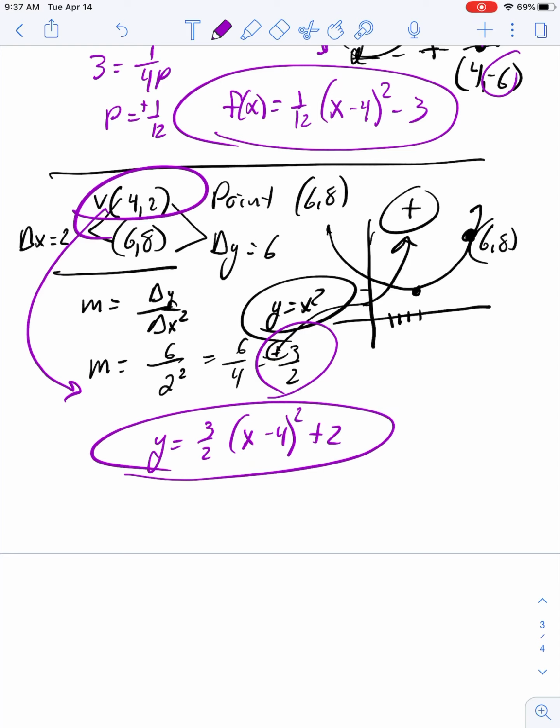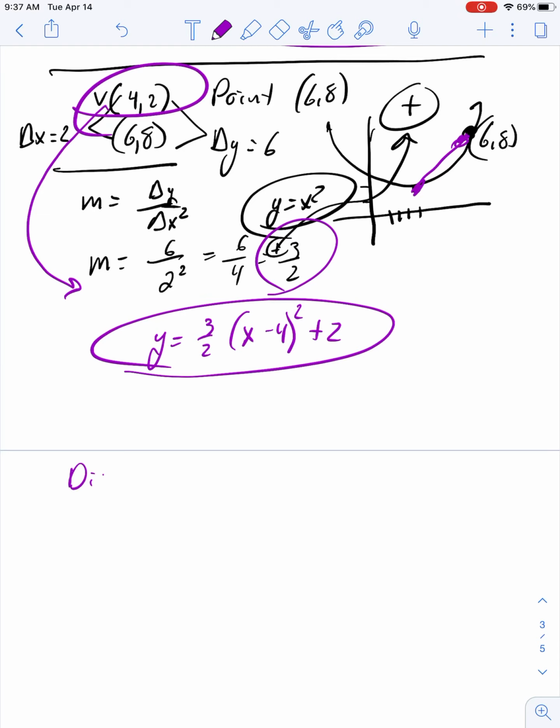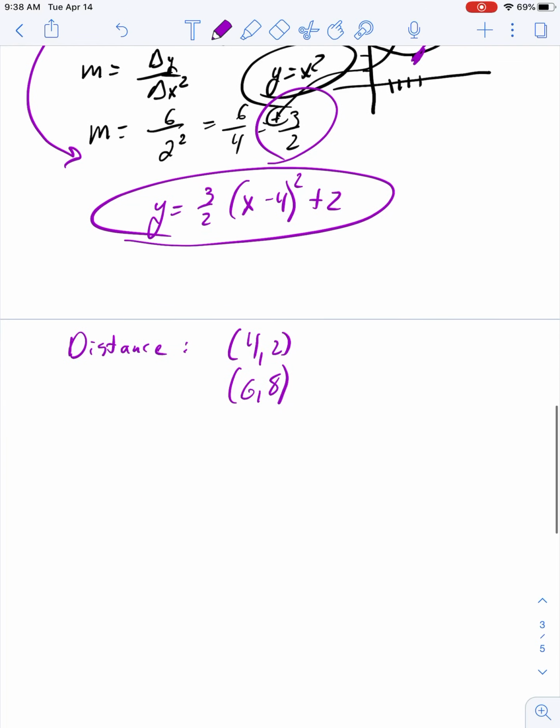Okay. While we're on there, let's say we just want to find the distance between 2 points, let's say 4, 2 and 6, 8. So again, your delta y is 6, your delta x is 2. Remember, your distance is the Pythagorean theorem, c squared equals a squared plus b squared.